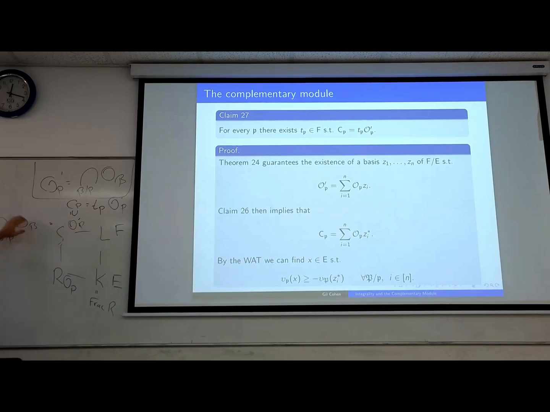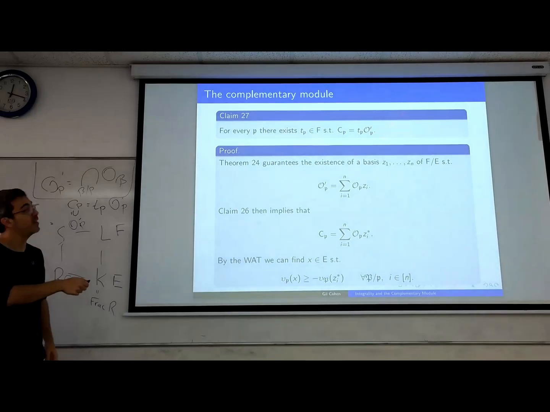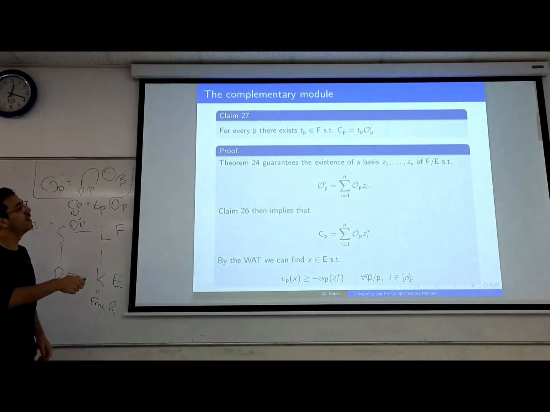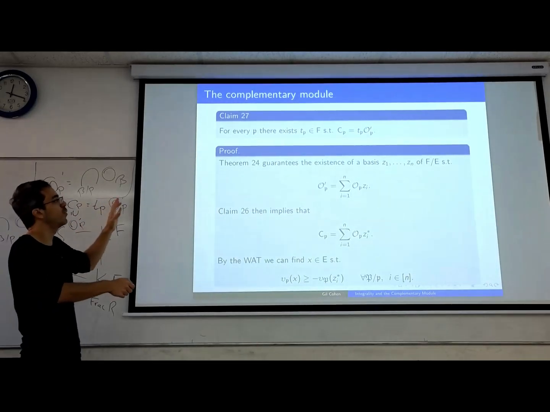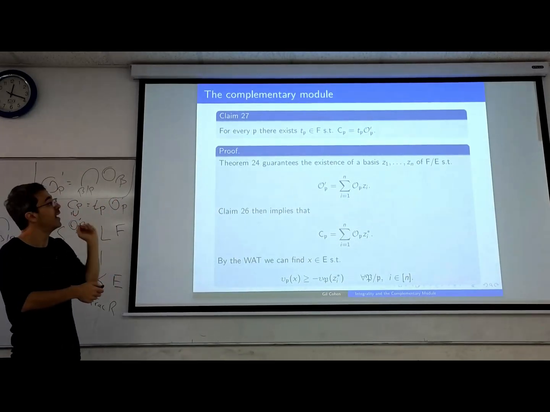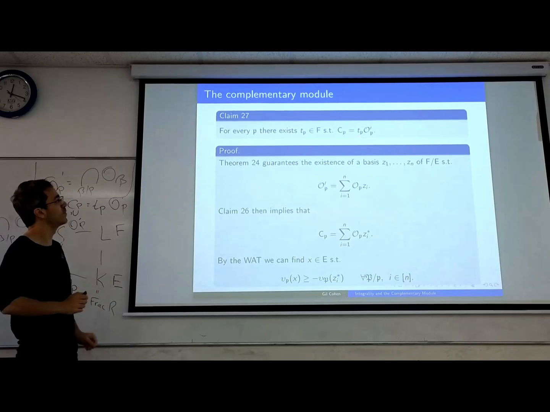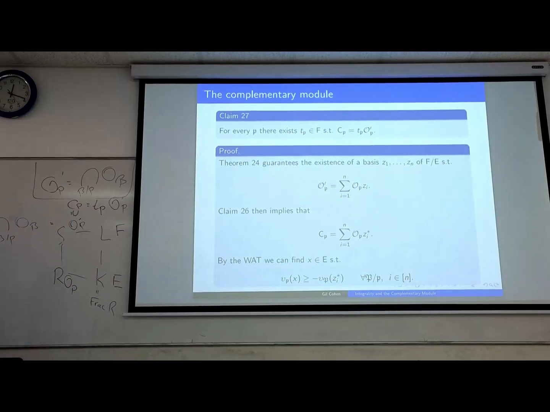Namely, it's a function that's not defined everywhere in all those capital P's. But what I'm saying is that the complementary module is not much larger in a sense than O prime p. If you know algebraic number theory, it's called a fractional ideal. It's like an ideal, like you take this and you divide it by something. I think of 1 over TP in my head, but don't worry about it. The complementary module is just some element times O prime p, and that element is going to be very important. It will encode the information you want, really.